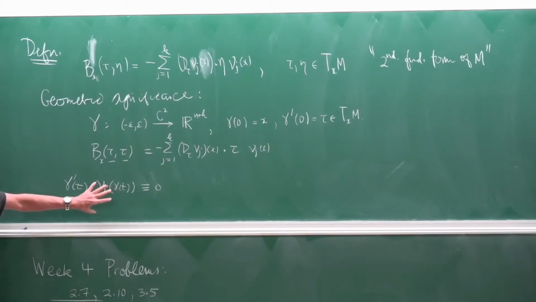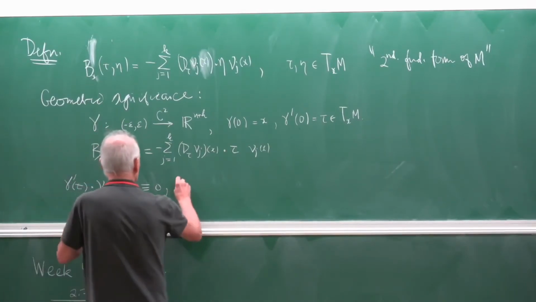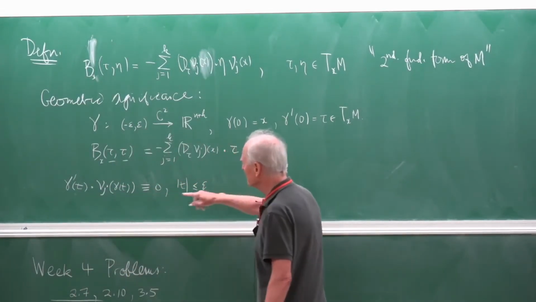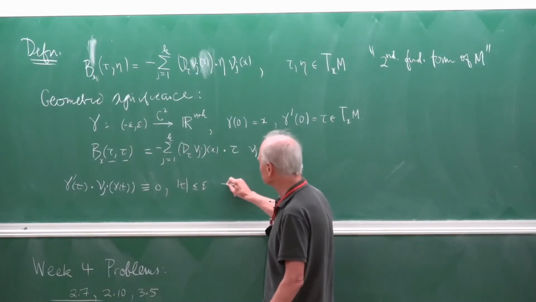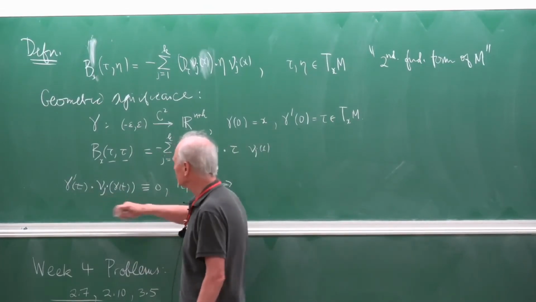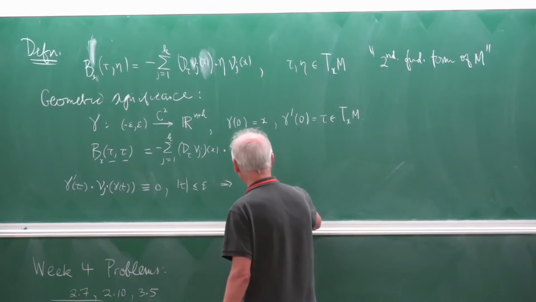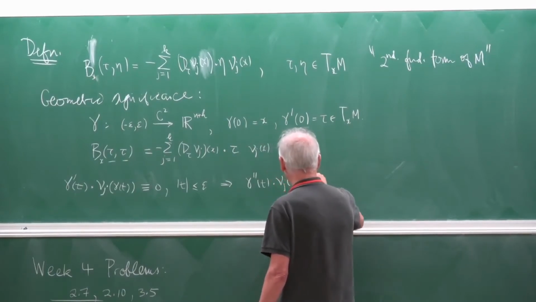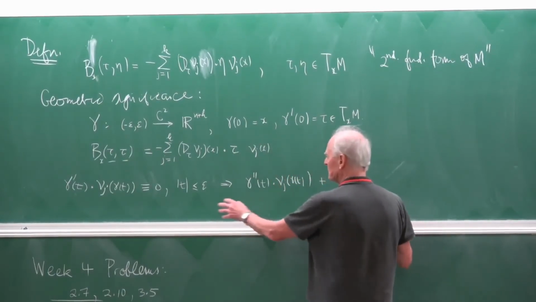So that's an identity. That's identically 0 for mod t less than or equal to epsilon. So we can differentiate this with respect to t, and this gives us gamma double prime t dotted with nu_j at gamma t plus, now what happens when you differentiate this one?